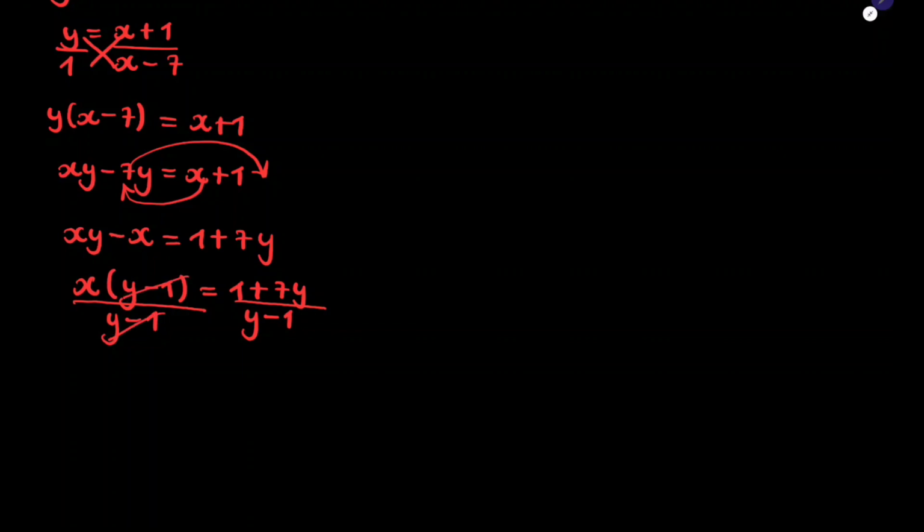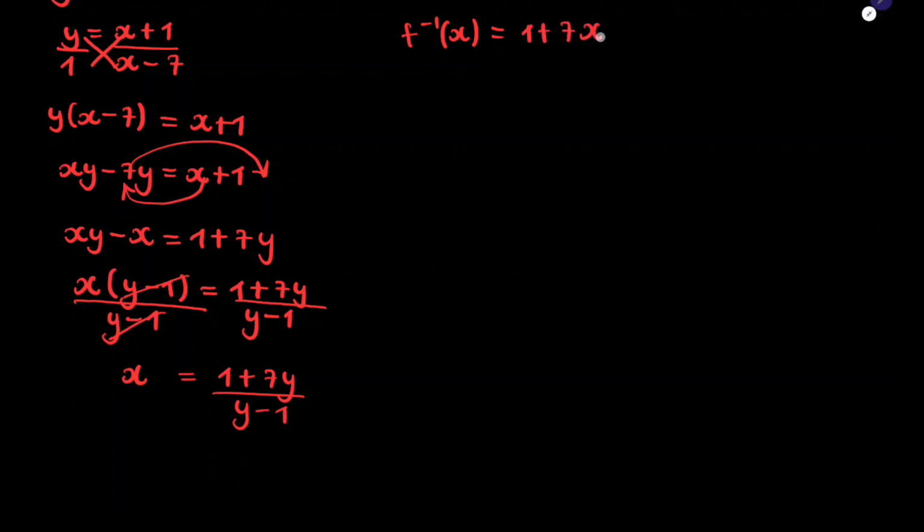We will be left with x equal to 1 plus 7y divided by y minus 1. Okay, so that is what we have. And then from there we can say that f inverse of x is equal to 1 plus 7x.